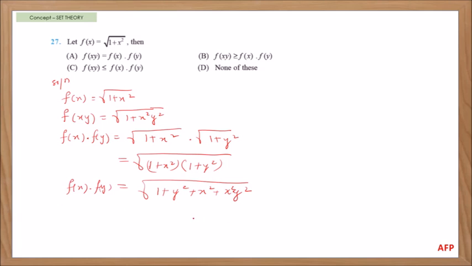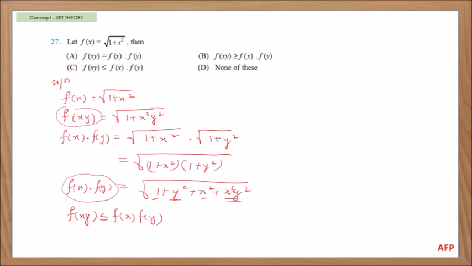Then what you can see, we can write it as f of xy is less than or equal to f of x into f of y, because you can see 1 plus x square y square is there, and two additional terms are there, so this term is greater.